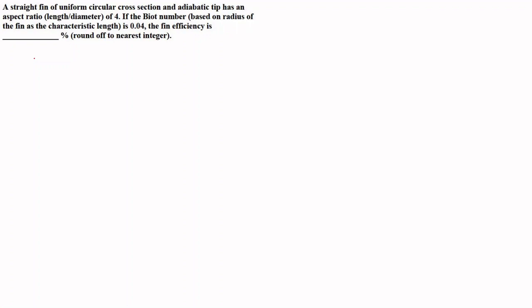We define this fin efficiency as eta_f equal to the actual heat transferred upon Q if the entire fin were at base temperature.